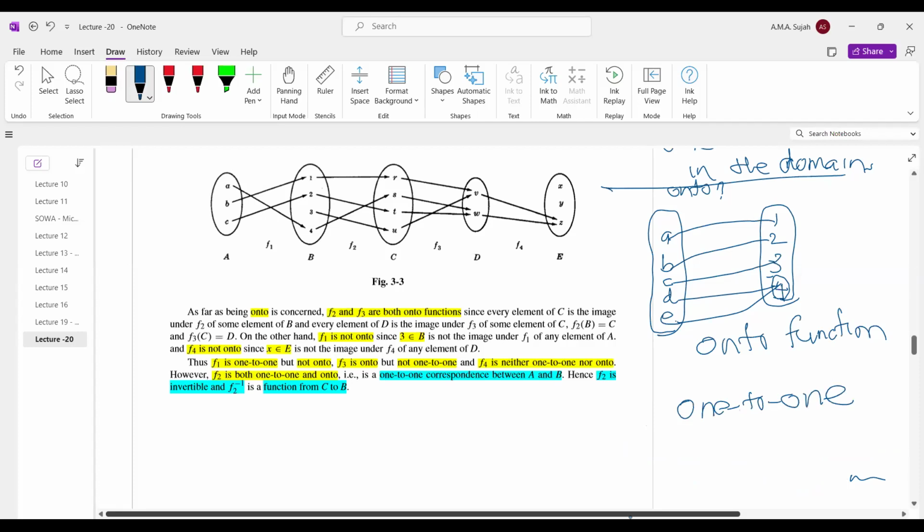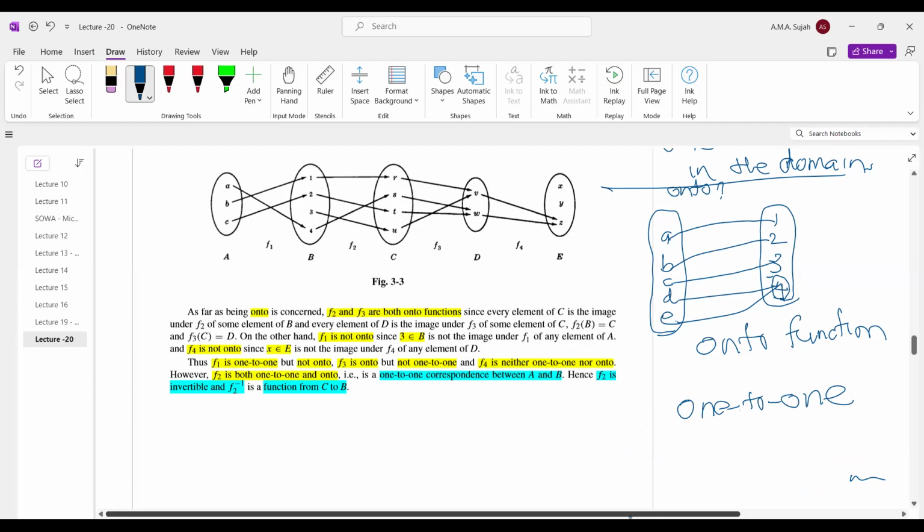So what does the definition say for one-to-one?